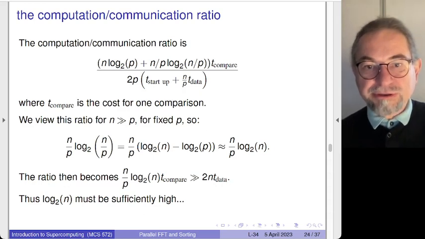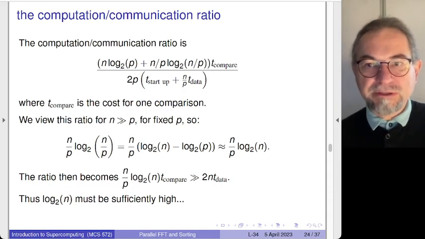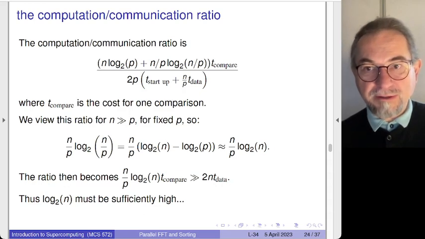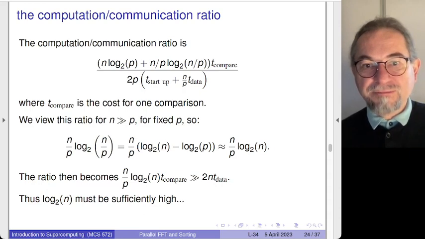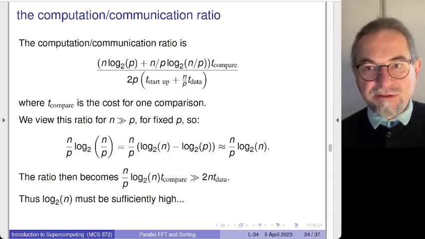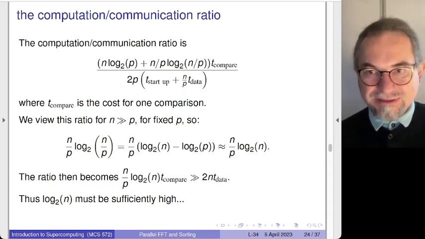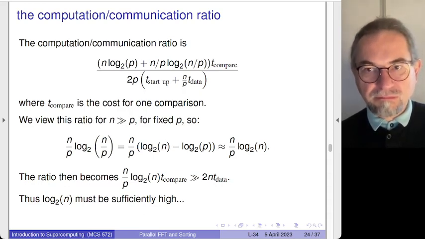What distinguishes the two, so we can simplify the n in this expression, is the 2 logarithm of the size of the data. And that should be sufficiently high. So you can see that even for a billion numbers, if that's 30, if it still takes 30 times more time to send one data element than to compare two data elements, then one is still not better off by a distributed memory sort.